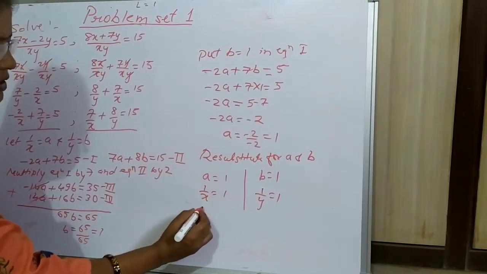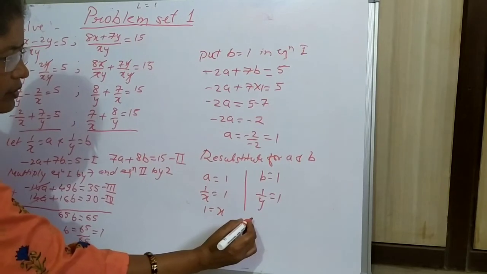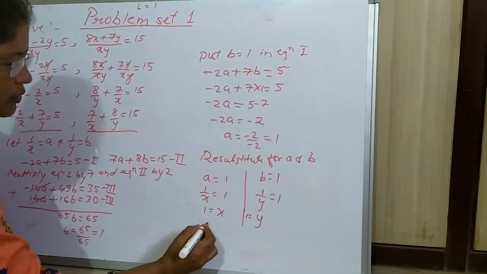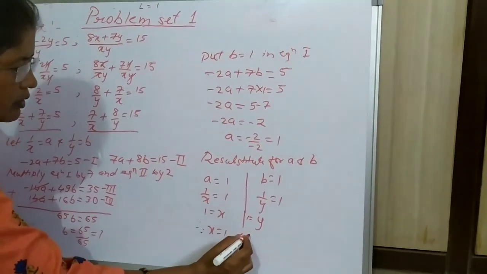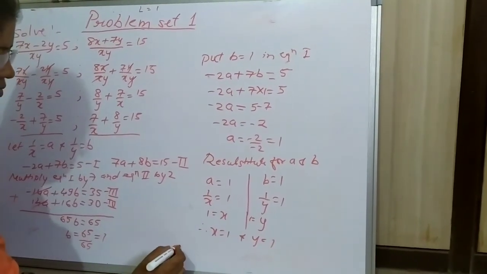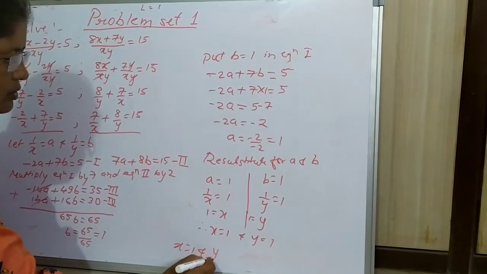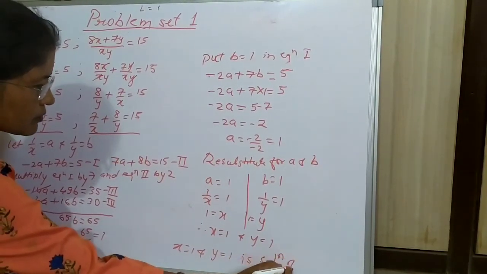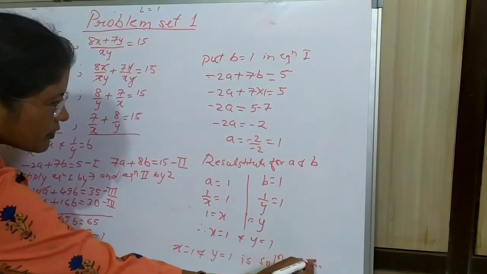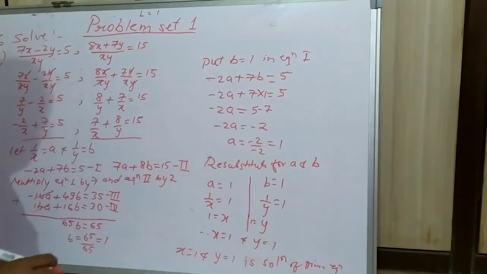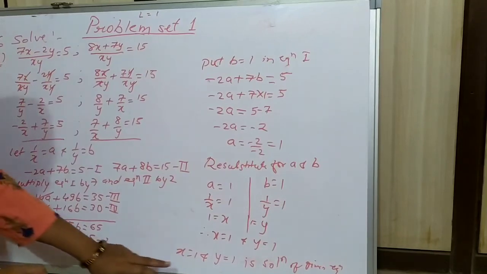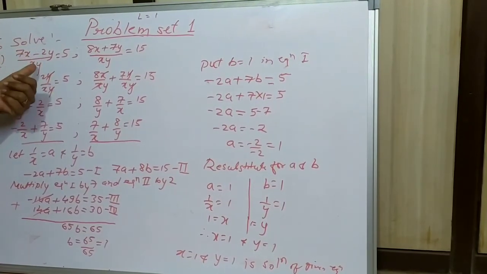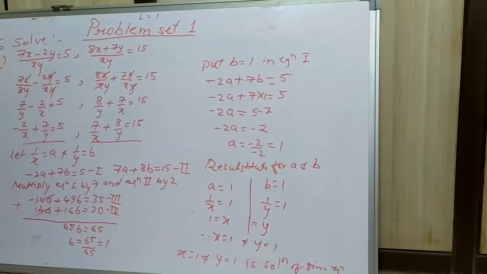Transferring, 1 is equal to x, the same way 1 is equal to y. Therefore x is equal to 1 and y is equal to 1. Hence x equals 1 and y equals 1 is the solution of the given equations. If you want to check the answer, you can put the values of x and y in any one equation from the beginning, and you will see LHS is equal to RHS.